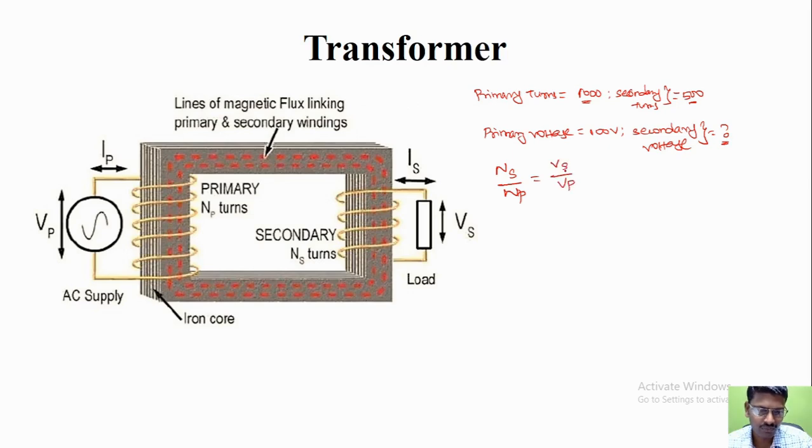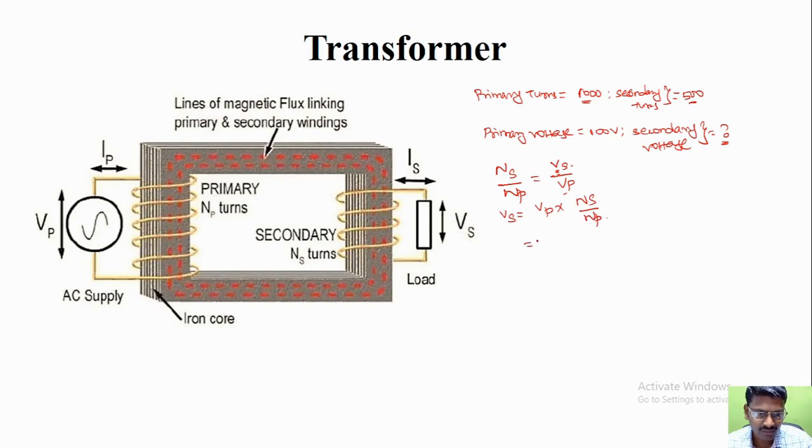I know the value of primary voltage, primary number of turns and secondary number of turns, but I don't know the value of secondary voltage, right? So I need to find the value of Vs, so I can rewrite the above expression.